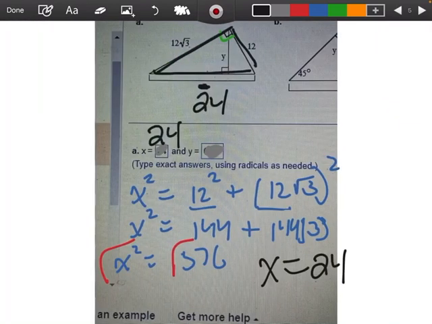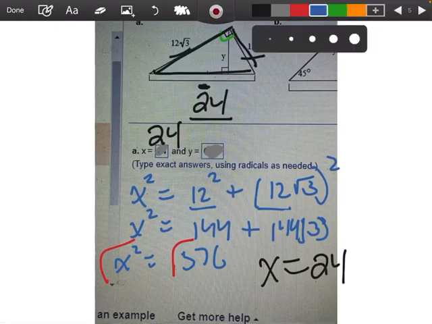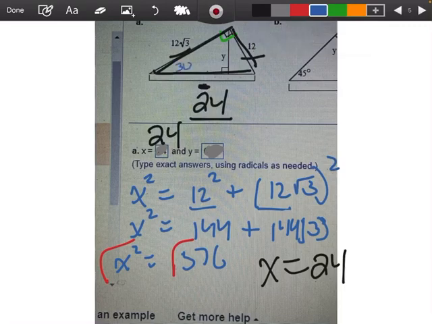So here's my short leg. It's 12. So that's why the hypotenuse is 24, and the long leg is 12 square root of 3. That means this angle over here is 30 degrees, and this angle up here would have to be 60 degrees, right?